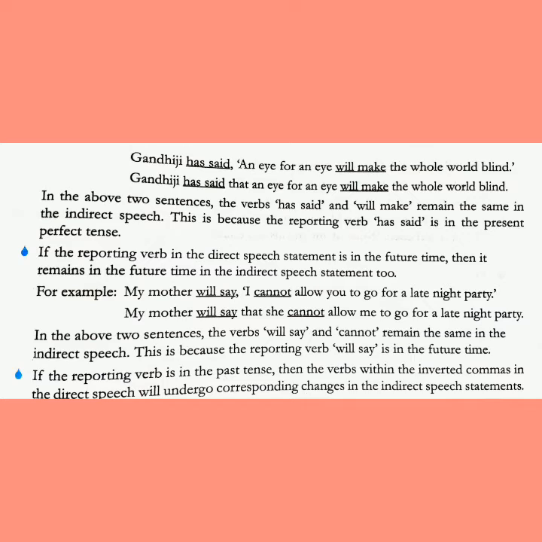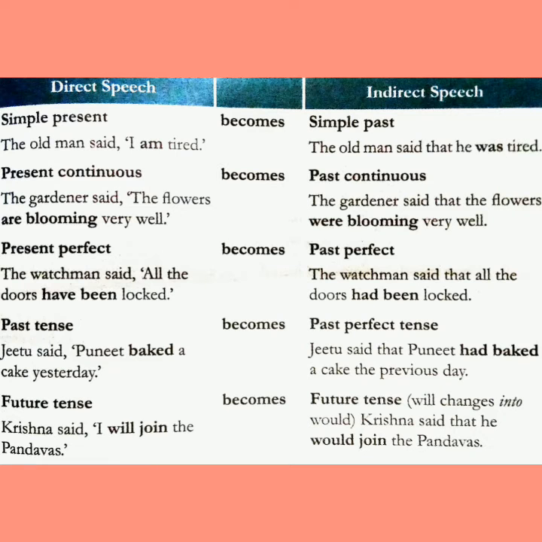Now, the third point: if the reporting verb is in past tense, then the verb within the inverted commas in the direct speech will undergo corresponding changes in the indirect speech statements. Here is the chart given. If it is simple present tense, "I am tired," it will become simple past tense, "He was tired."